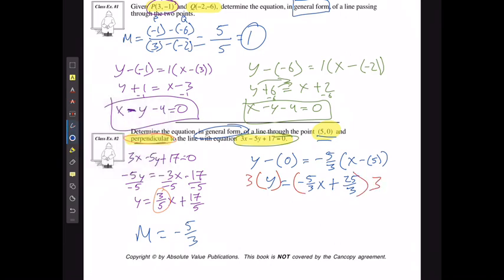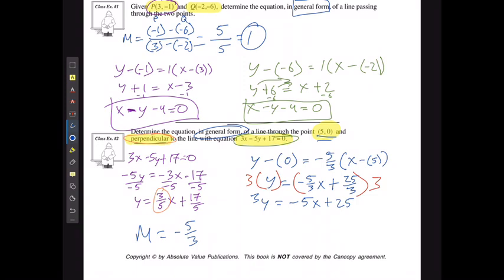Which means I'm going to say that I have 3y is equal to negative 5x, because 3 times negative 5 is going to be negative 15, divided by 3 is just going to cancel out the denominator, and same thing here, plus 25. When I multiply something by 3 that I'm also dividing by 3, it's going to cancel out the denominator.